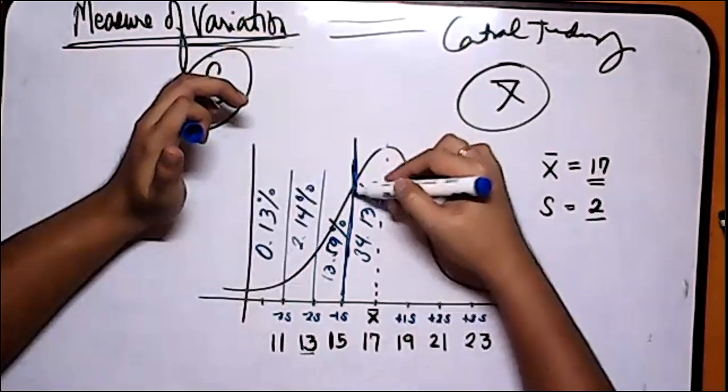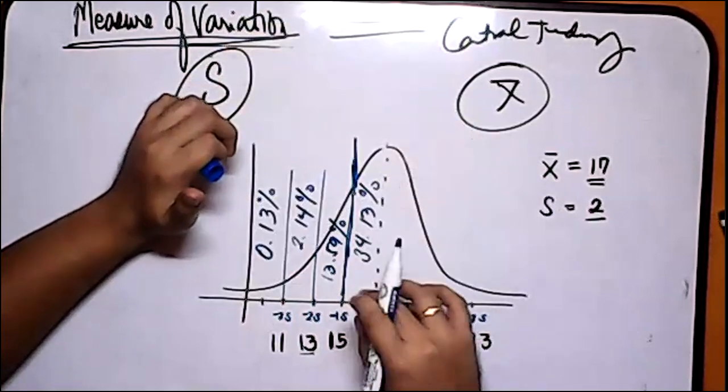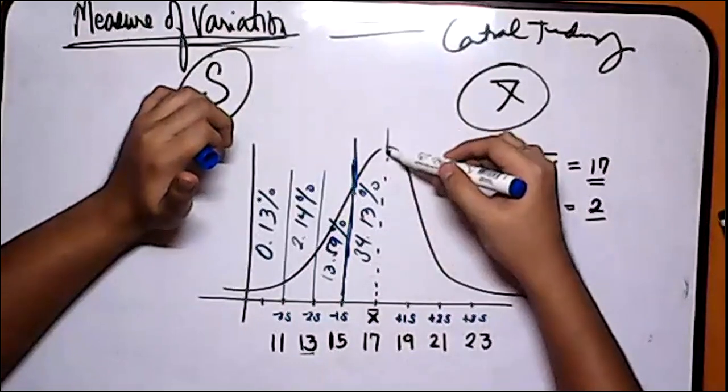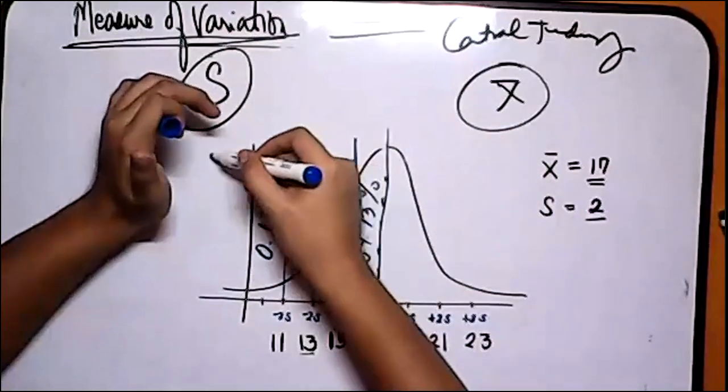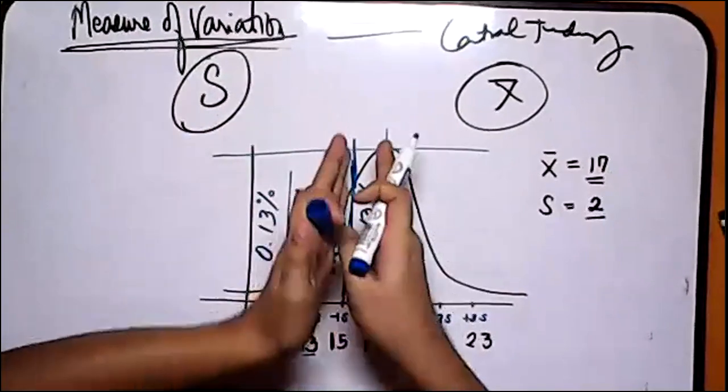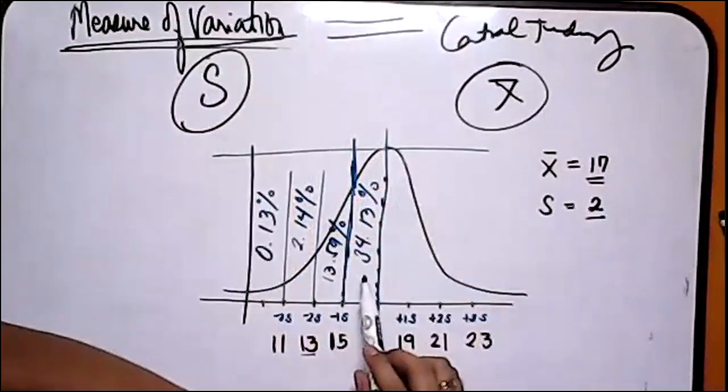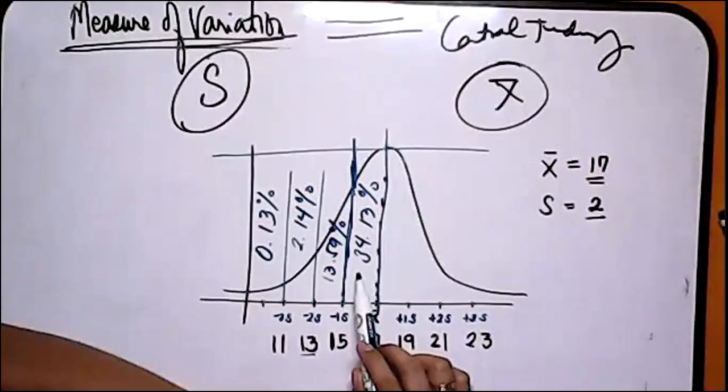So what I'm trying to say here is that the number of students in this area is 34.13% of the population.